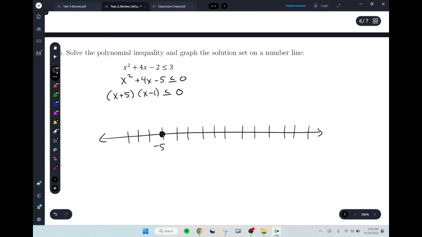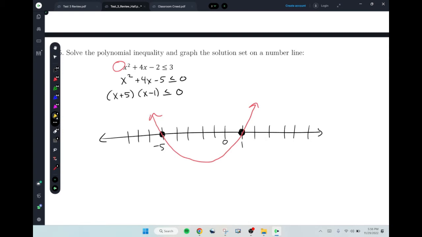I should not put a hollow dot there. That would be bad. And now I need to know which way to go. There's 2 ways to do it. That's the easy way to do it right there. Happy parabola, right? So it's a happy parabola. And so which of the 3 sections do I highlight?